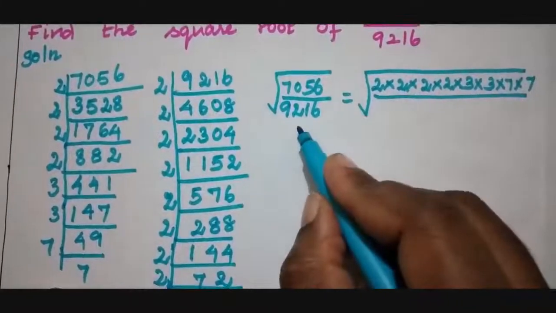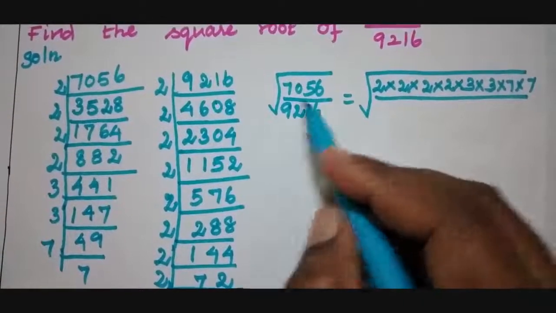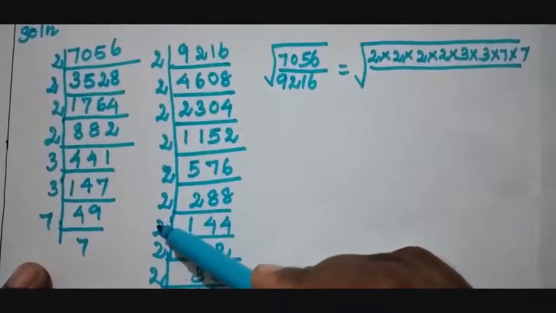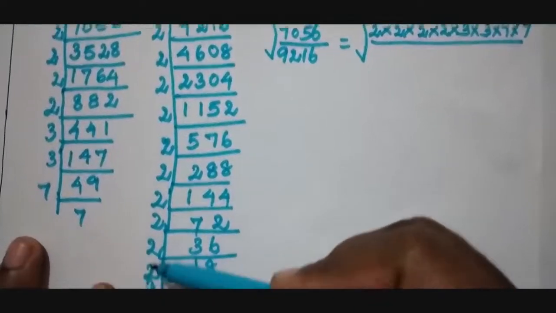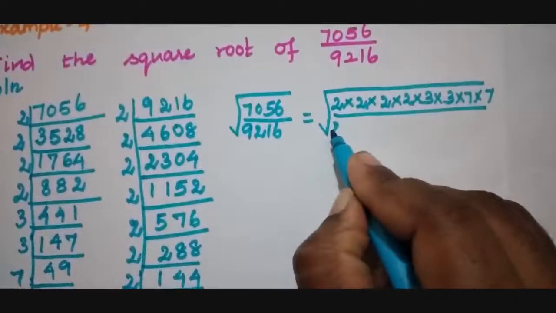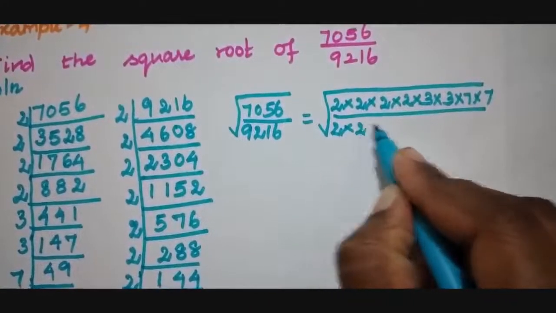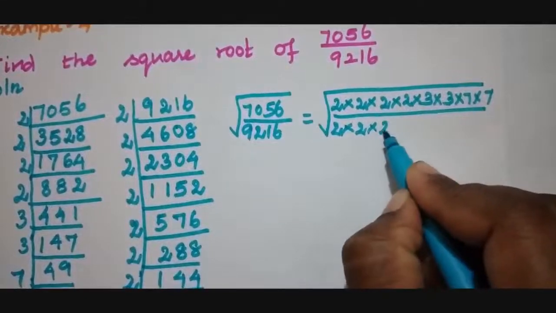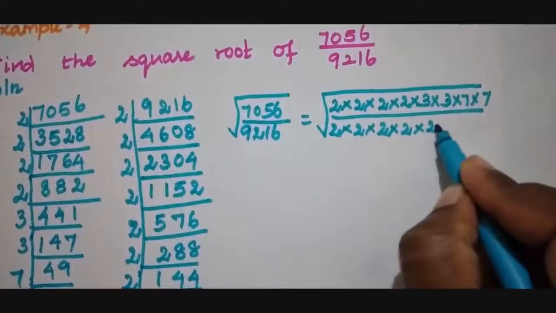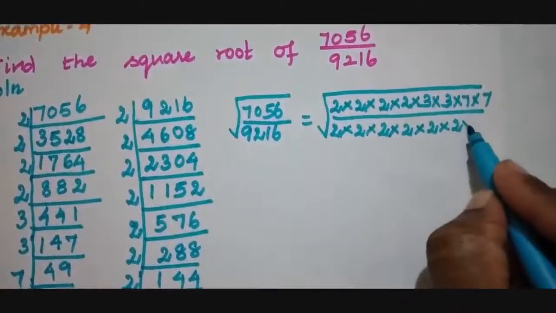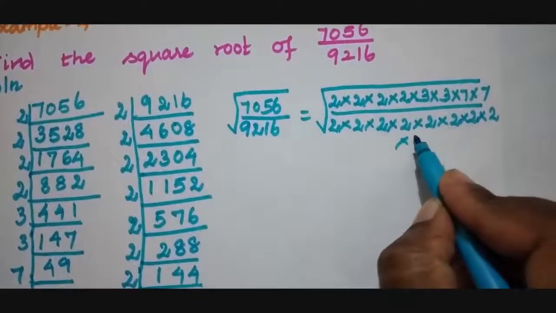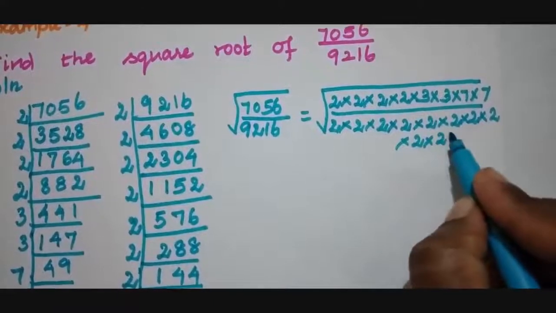Now in the denominator for the number 9216, 1 2 3 4 5 6 7 8 9 10. 10 times of 2 and 2 times of 3. So you have to write the 2 for 10 times. 2 into 3 4 5 6 7 8 9 10 and 2 times of 3.